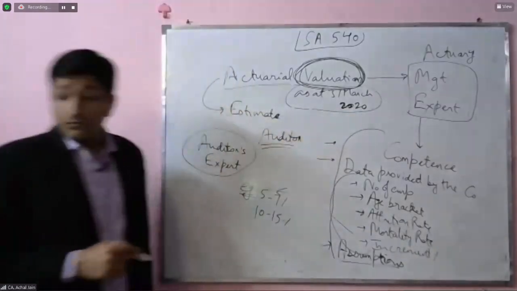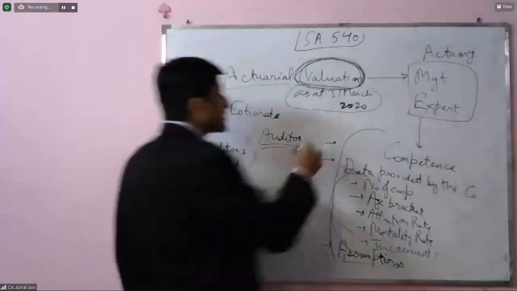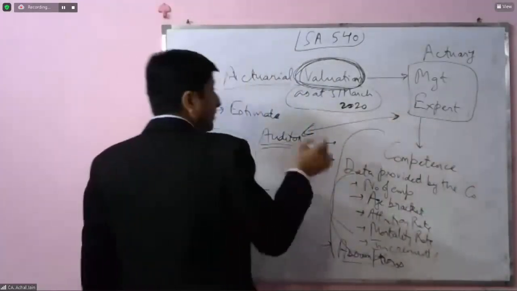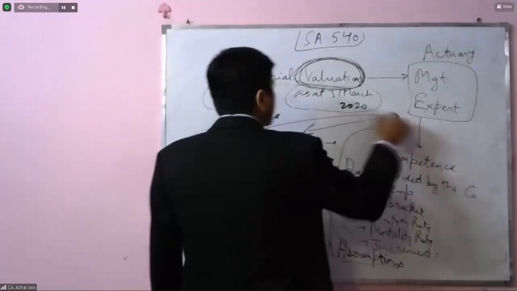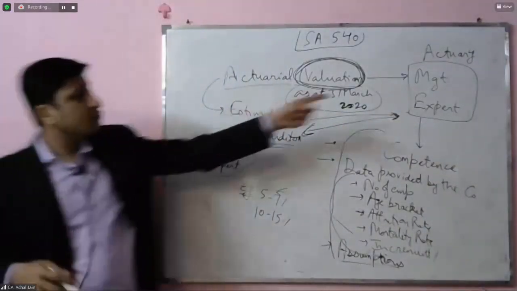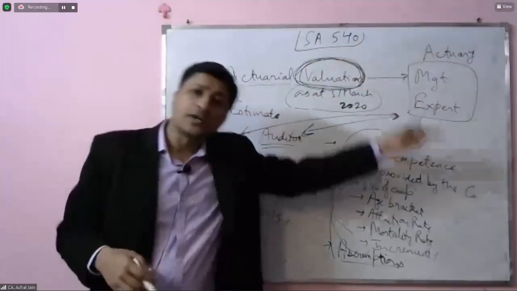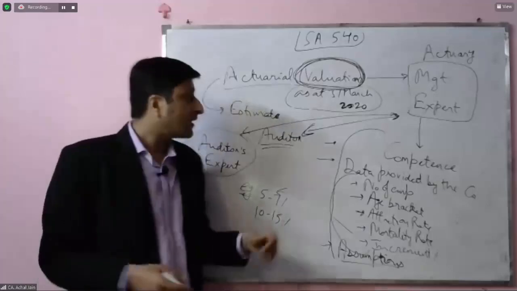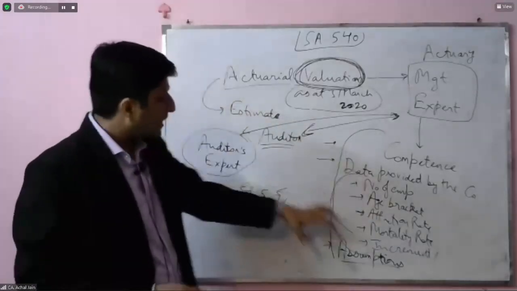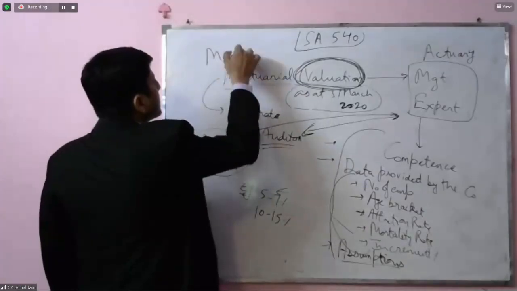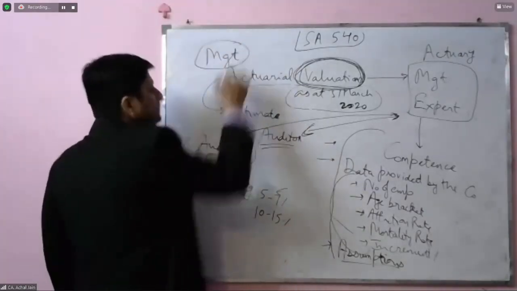If the auditor wants to communicate with the management expert, the auditor can do that. Similarly, the auditor's expert can communicate with the management expert. So it's not that all of this checking will be happening with the management only. No.